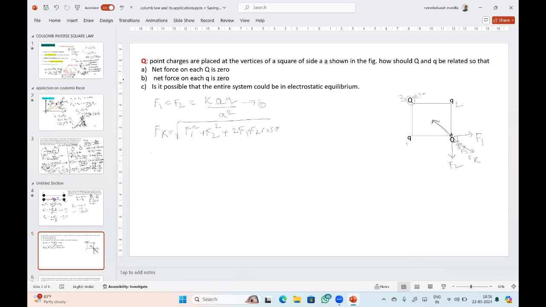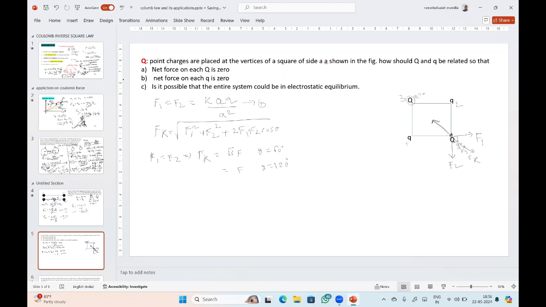So these are equal forces, F1 equal to F2. The resultant force is equal to root 3 F when theta is equal to 60. That is equal to F when theta is equal to 120.